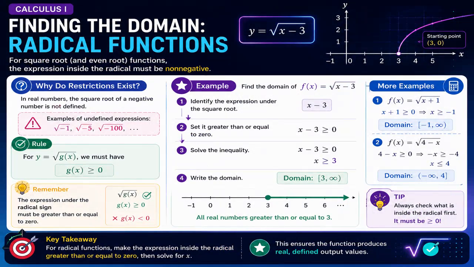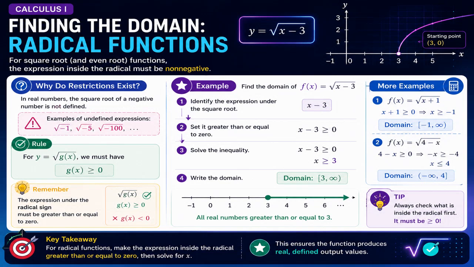Now consider a function involving a square root. The function is the square root of x minus 3. For real-valued functions, the expression inside a square root must be greater than or equal to 0. Therefore, we require x minus 3 to be non-negative.